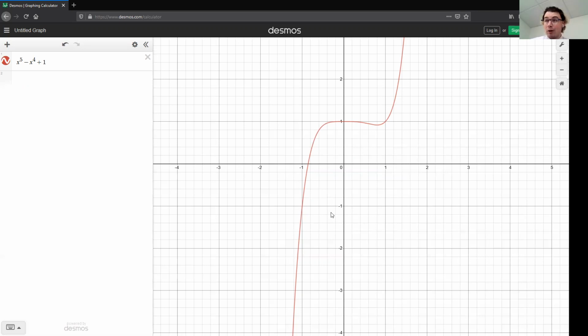So in my setup for the intermediate value theorem, I'll say a equals maybe -1, b equals, let's say, minus a half. I get -1 for the value f of a.